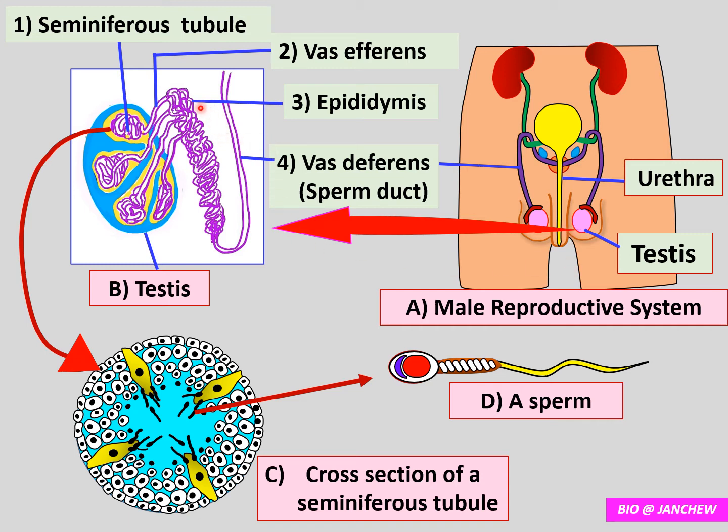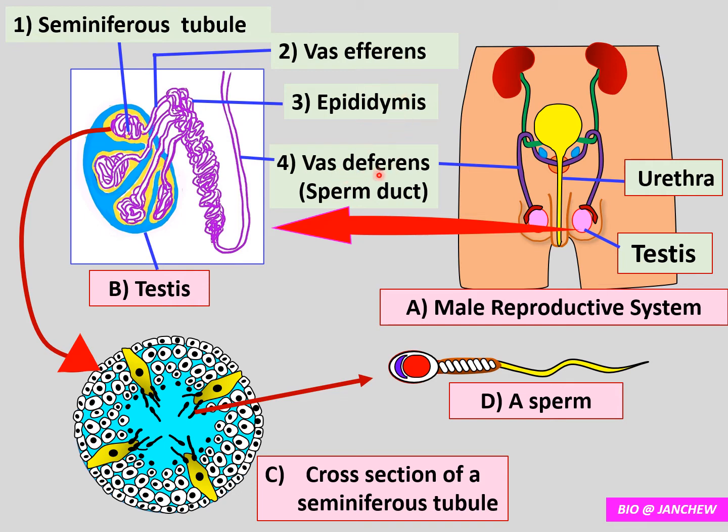So please take note that this important duct here is called the vas deferens, as opposed to the vas efferens, which is the short tube here. The more commonly discussed and more important term is the vas deferens, not the vas efferens.